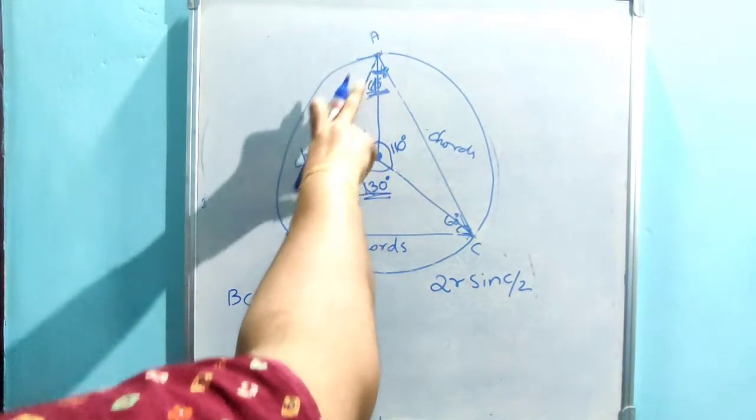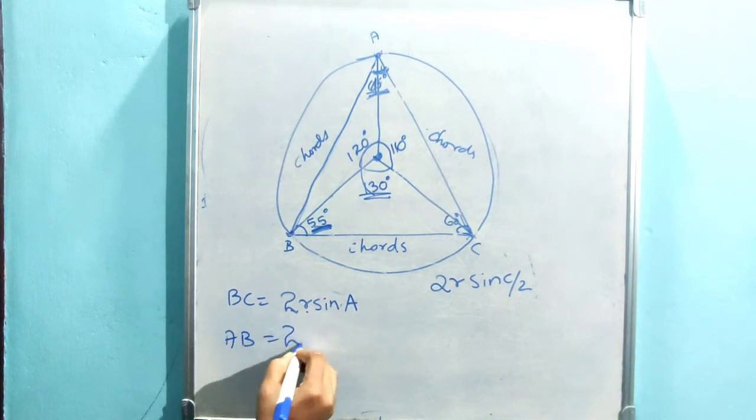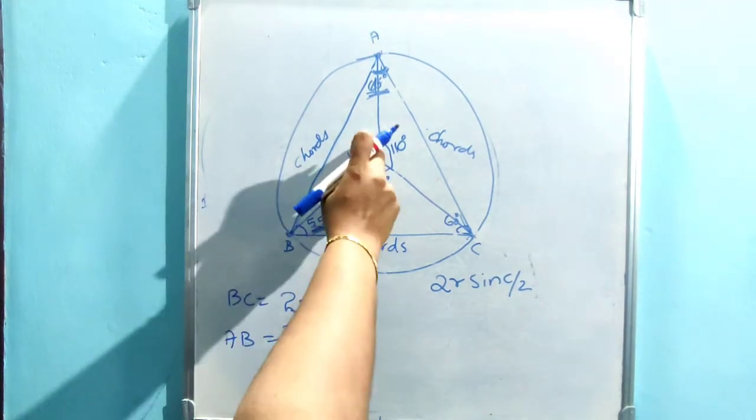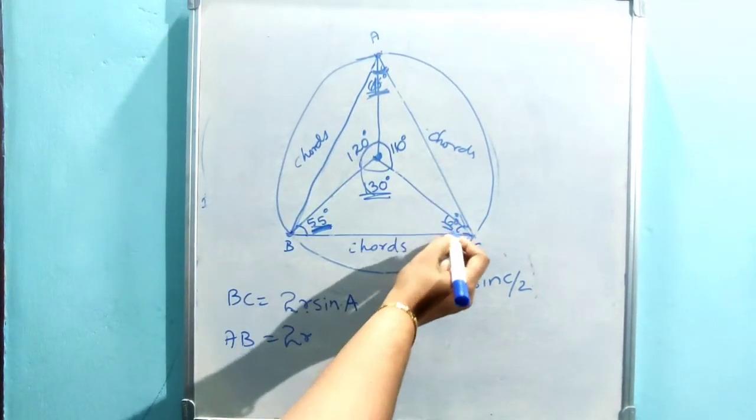Similarly, what is AB? Length of AB is equal to 2R into sine half of the central angle. Half of the central angle is 60, right?